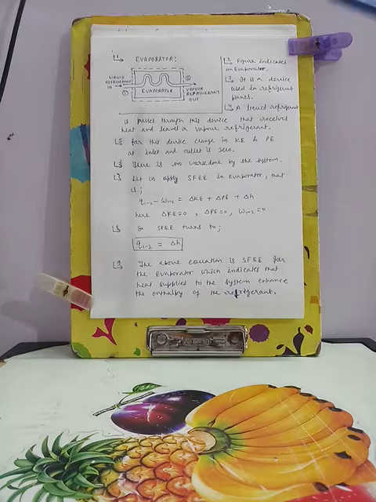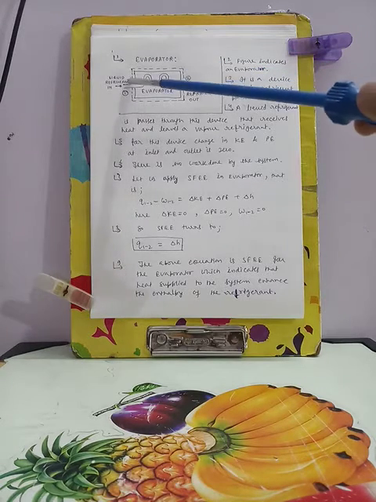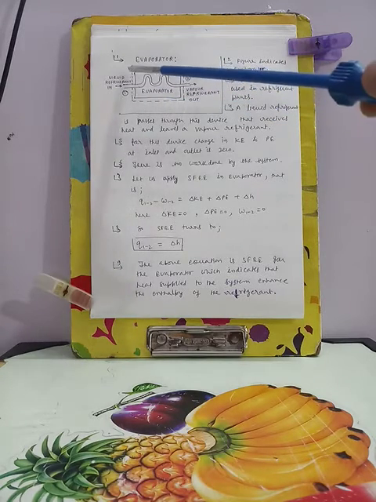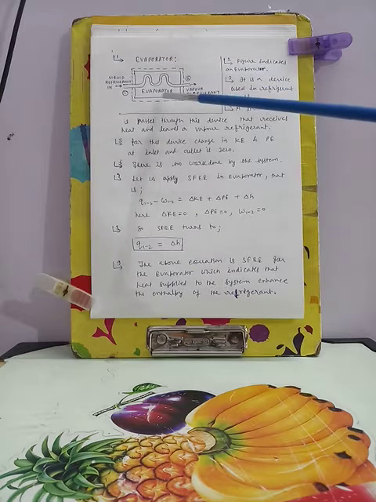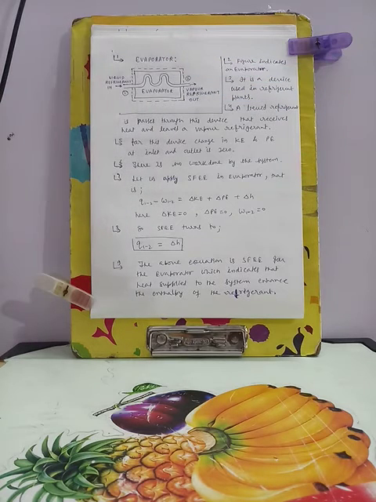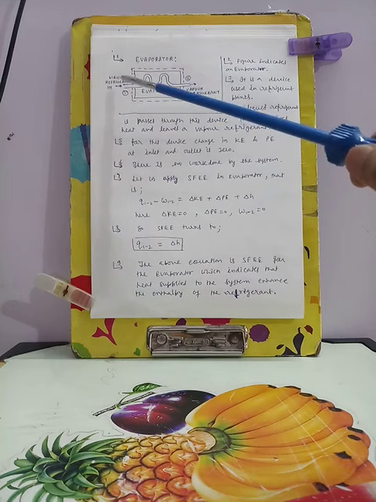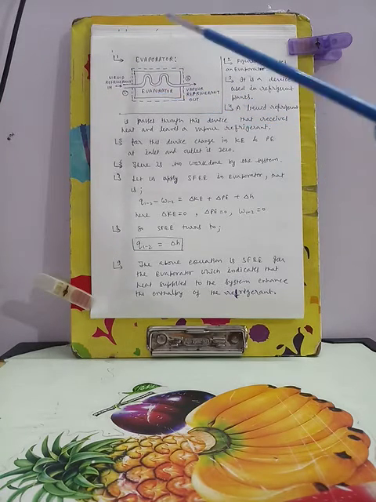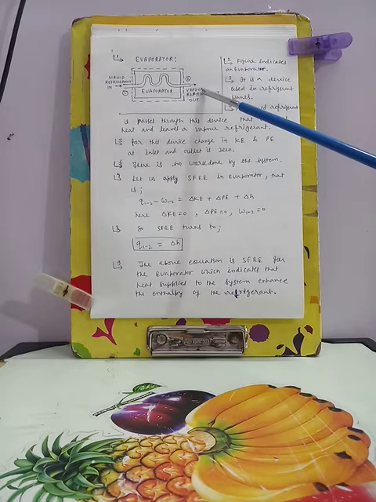So let us come to the matter. This is the evaporator unit, and this is the boundary of the system. And this is the inlet of the evaporator, this is the outlet of the evaporator.